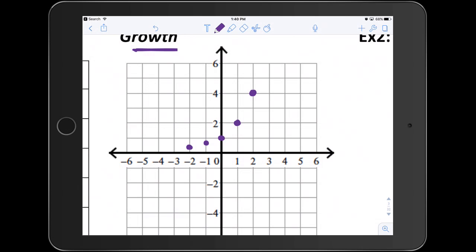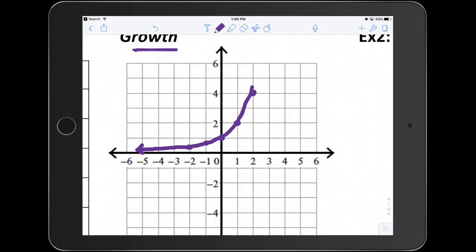If you continued going negative on the x-axis, putting in -3 and -4 and -5, you would get smaller and smaller values, but you would never ever reach the value of 0. You cannot touch that x-axis.